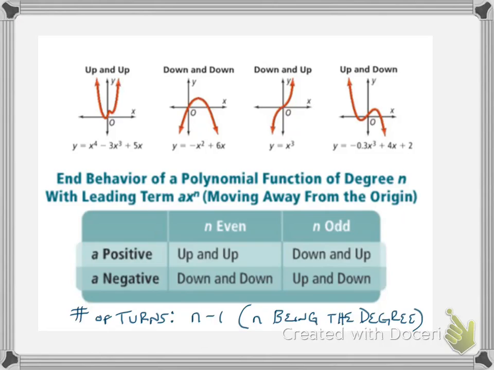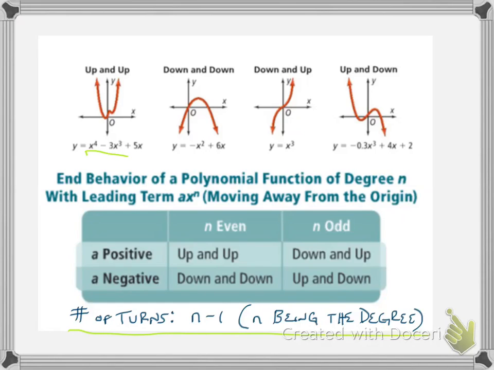Okay, so if you were in class on Friday, I talked about this a little bit. I'm going to first focus down here at the number of turns of a polynomial. You can tell the number of turns of a polynomial without looking at the graph by the degree, and it has 1 less than the degree. So if the degree is 4, then it has 3 turns.